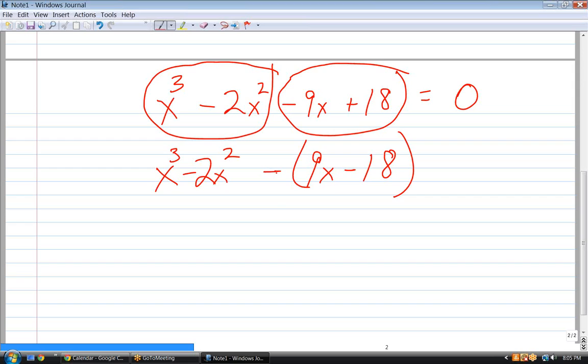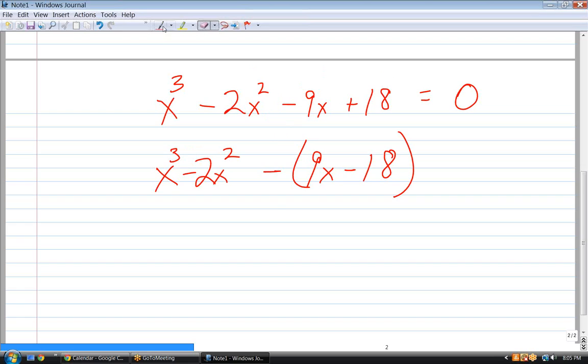I got to put it like that. Okay, now I can factor an x squared out of that. So it goes to, and I can factor a 9 out of that.